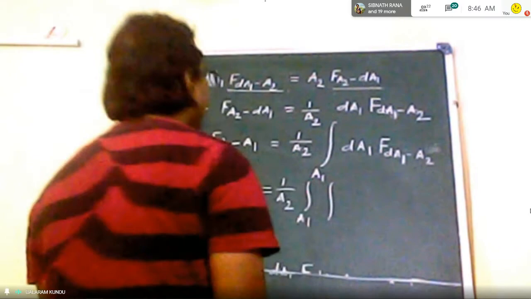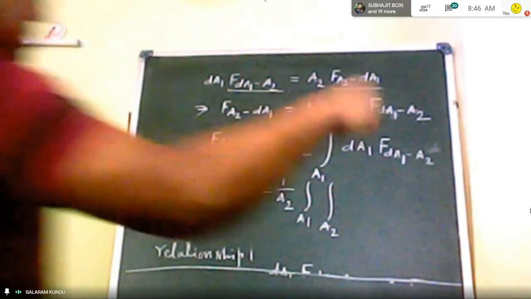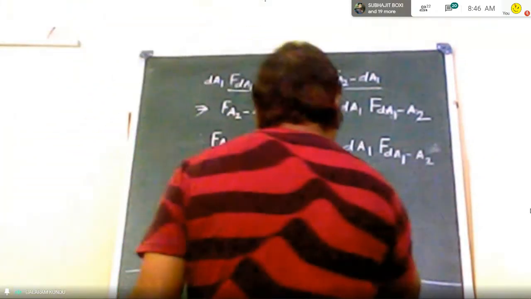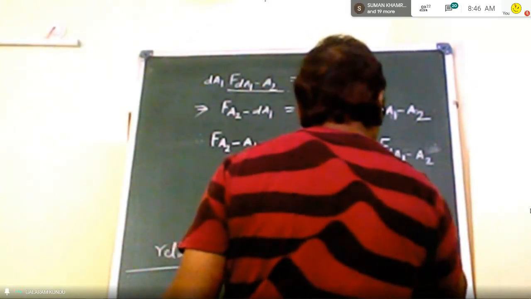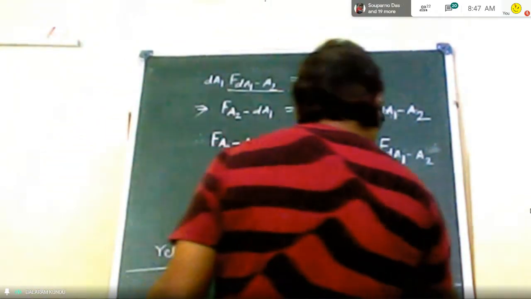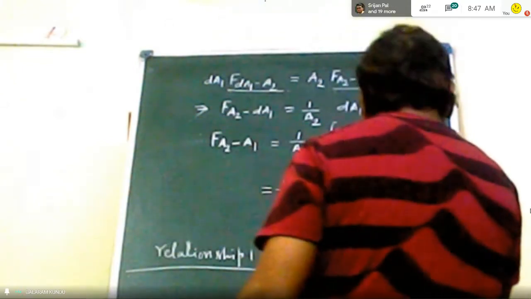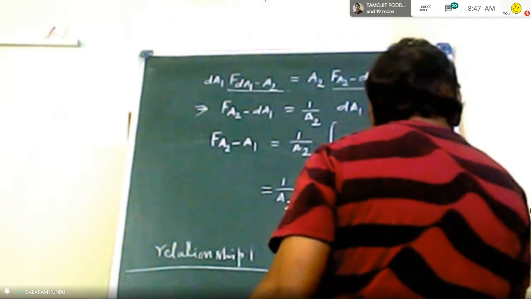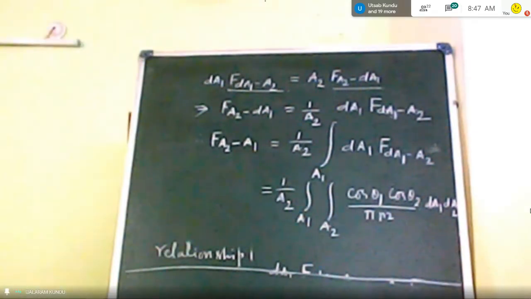So integration along the surface A2 and expression that is cos theta1 into cos of theta2 divided by pi r square into dA1 dA2. So I think it is correct.